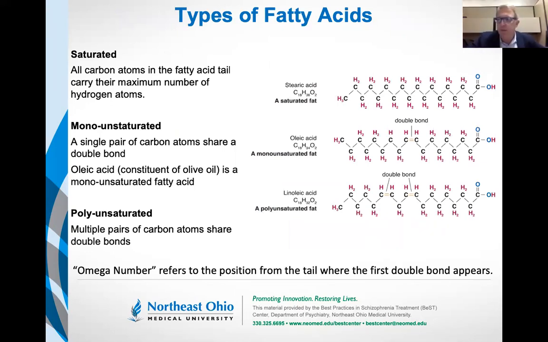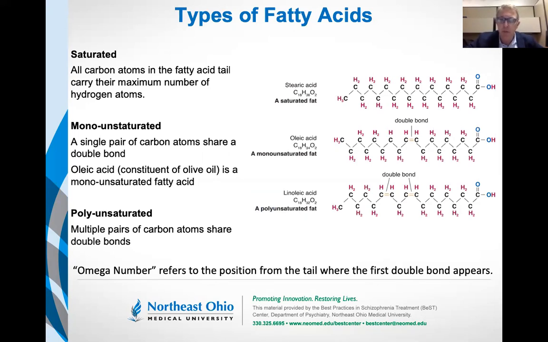One other note about the fatty acids is that they have these terms: saturated, monounsaturated, or polyunsaturated. When a fatty acid is saturated, that means that every single carbon is carrying the maximum possible number of hydrogen atoms attached to it. So it is saturated with hydrogen, is what that saturation refers to. Carbon can, of course, exist in double bonds with itself and actually triple bonds with itself, although those are irrelevant to fatty acids.